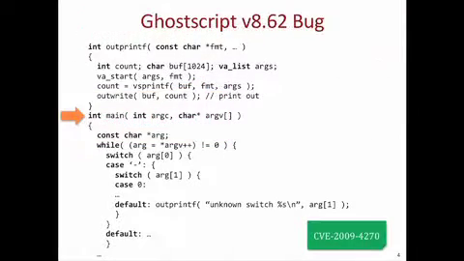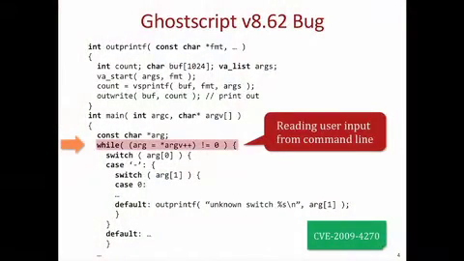For instance, suppose we have Ghostscript source code here. This program has a bug, and it starts from the main function, where we take a command line argument from the user input. This command line input is parsed using a while loop and switch case statement.